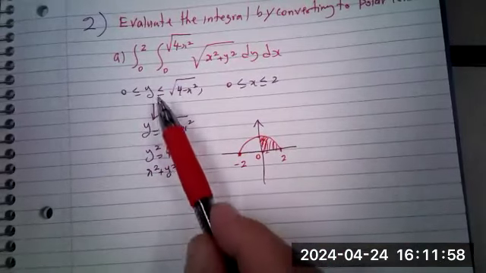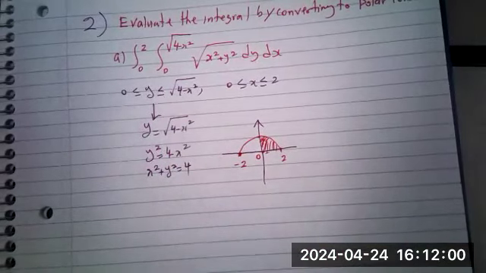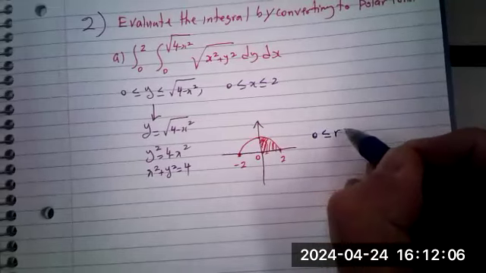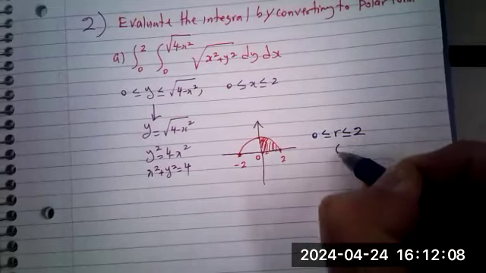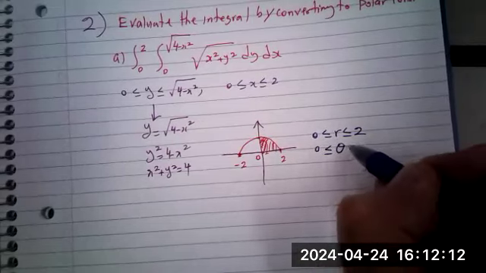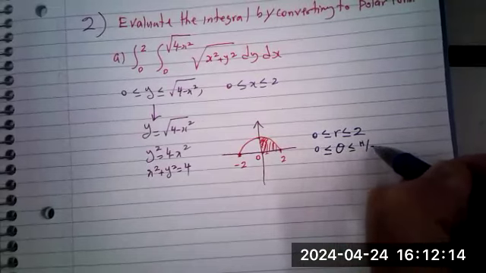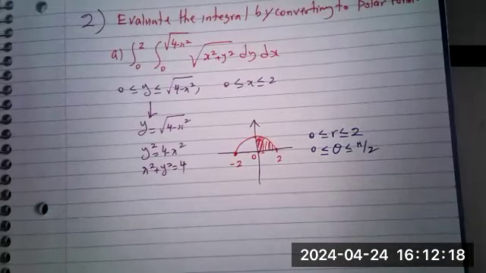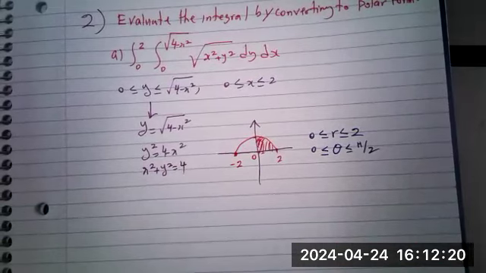If this was a positive and negative, it's a full circle. That's it. So r is just the radius. The radius is between 0 and 2. Theta, since you're using just the first quadrant, is between 0 and pi/2. That's it. Any question? So quickly you can identify it. So change the integral right away.